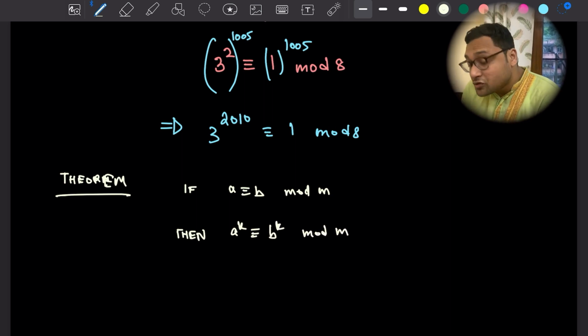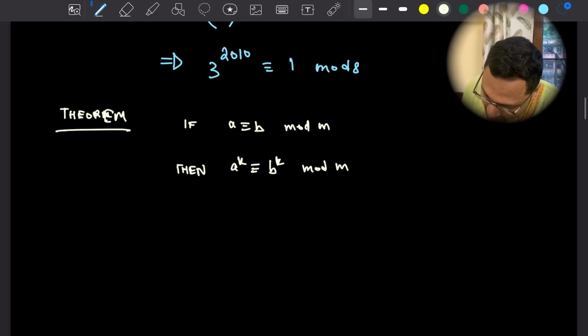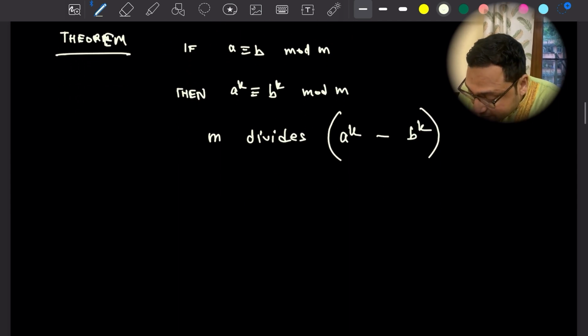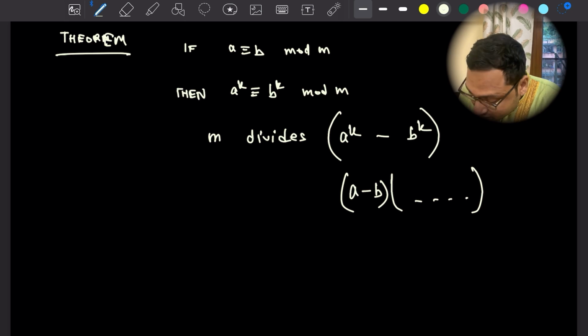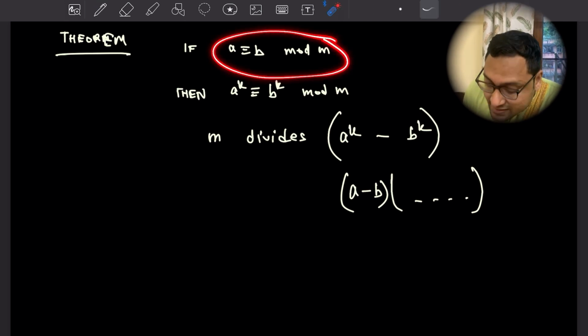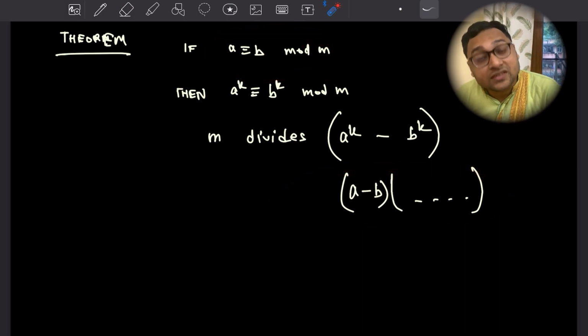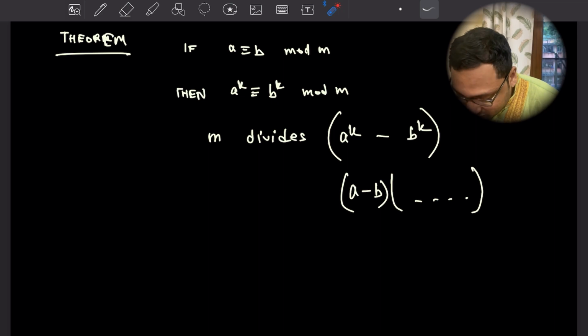One way to do this is that you check that M divides, that's the definition, right? M divides A to the power K minus B to the power K. And you can always factorize A to the power K minus B to the power K as A minus B times something. Since you already know that A minus B is divisible by M, therefore this thing will also be divisible by M. So you can raise both sides to the power K. That is possible.